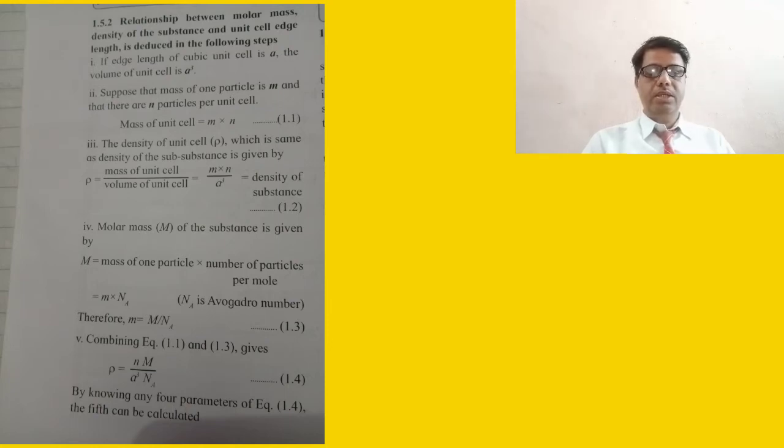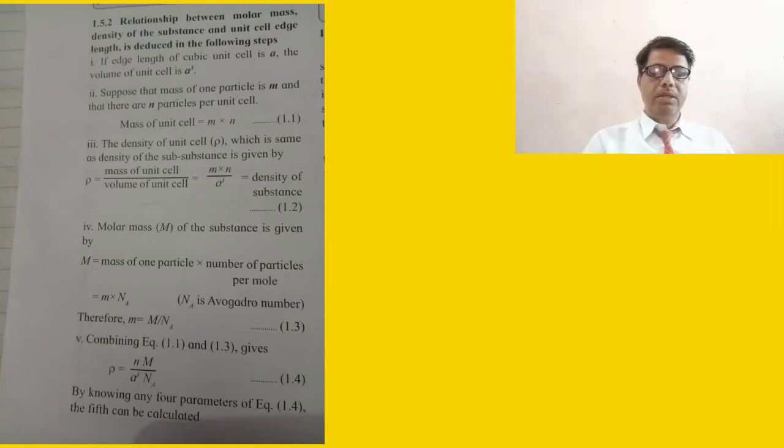Now the density rho of unit cell, which is the same as the density of substance, by simple formula is mass upon volume. So here consider the density for unit cell. So here rho of unit cell, that is density of unit cell, rho equal to mass of unit cell upon its volume, or simply volume of unit cell.